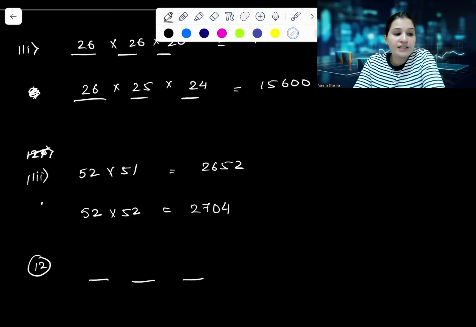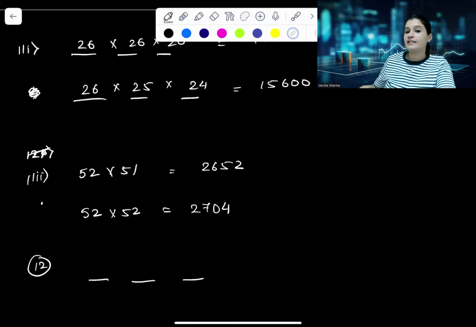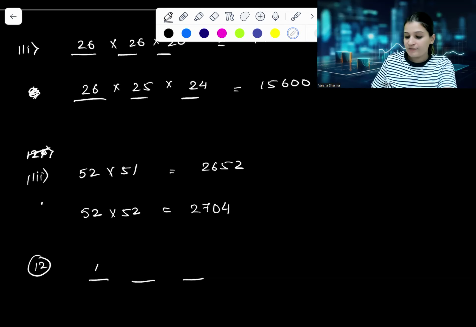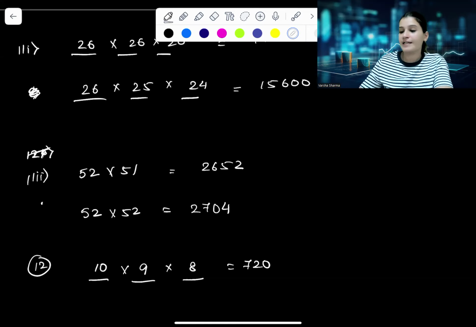But in this question, you have 10 digits, 0 to 9, and the opening of the lock is a particular sequence of 3 digits with no repeats. They specifically said repetition is not allowed. So the first place can be filled in 10 ways because 0 is allowed, the second place in 9 ways, and the third in 8 ways. A total of 720 ways. Any problem?